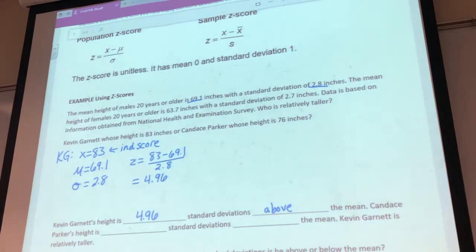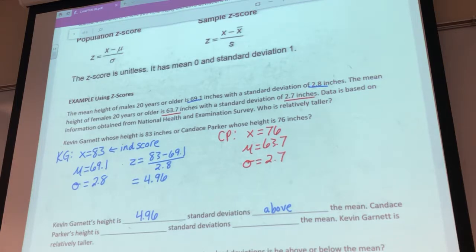Okay, so if we do the same thing for Candace Parker, her individual score or height is 76 inches. Her mean is different because she's female, so her mean is 63.7 now, and the sigma is 2.7. Since they come from different groups, male and female, they've got a different mu and sigma. So her z-score is 76 minus 63.7 over 2.7.